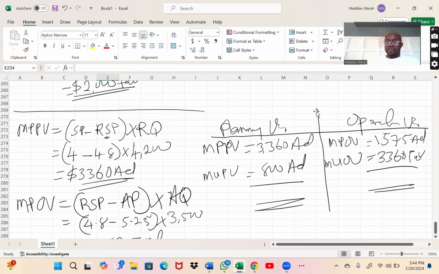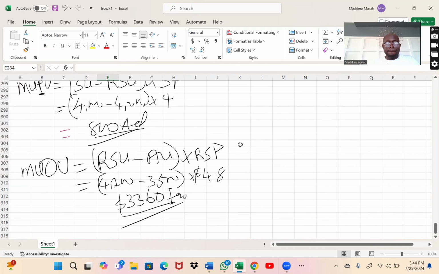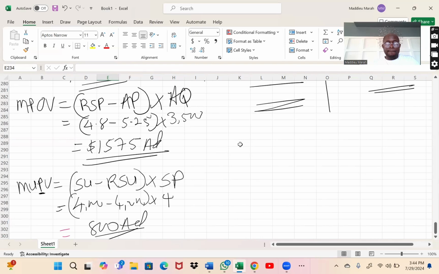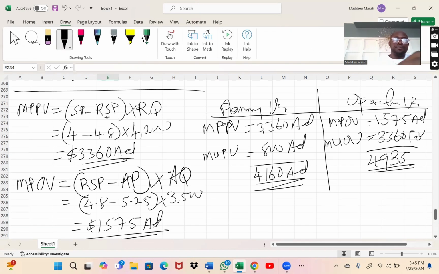So what are the total variances? For the planning variances, 3,360 plus 800 is 4,160 adverse. And for the operational variances, 1,575 plus 3,360 gives us... sorry, one of these variances is favorable and the other is adverse.